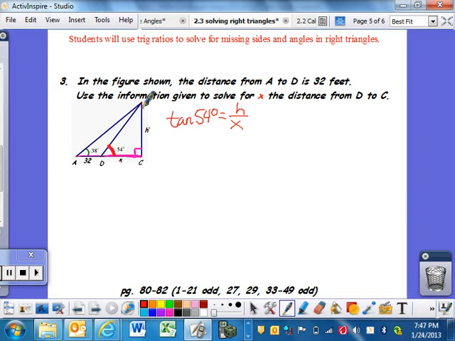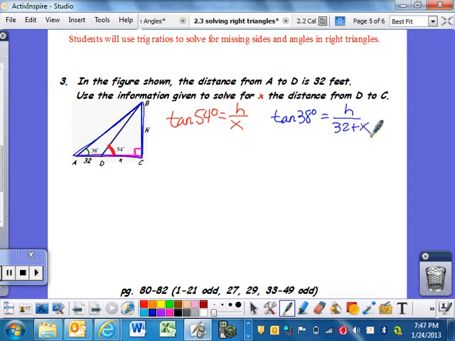Okay, so if I look at the big triangle, if I use the big one, I'm going to say that the tangent of 38 degrees this time. So tangent of 38 ends up being h over what? The bottom is 32 plus x.